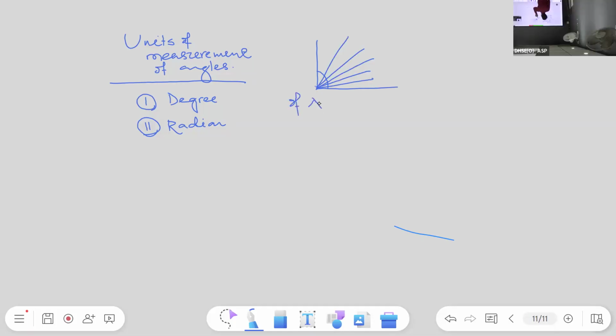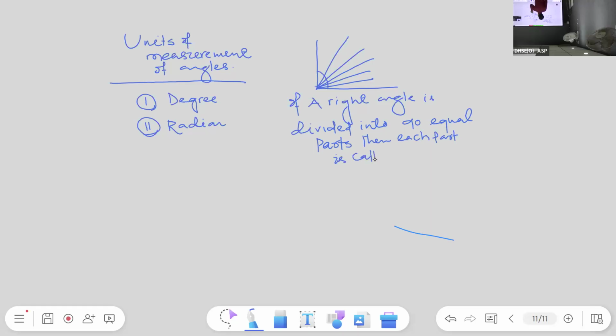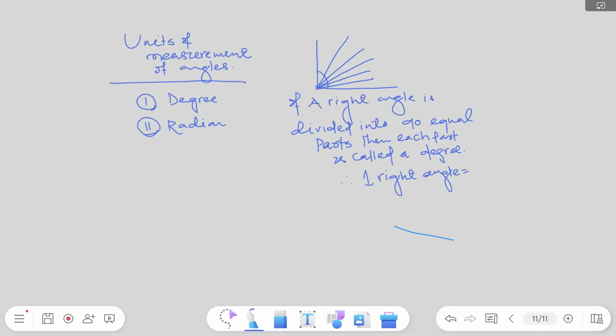Thus, one right angle is equal to 90 degrees.